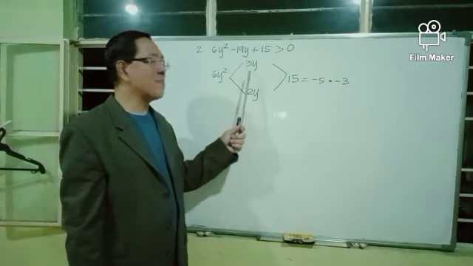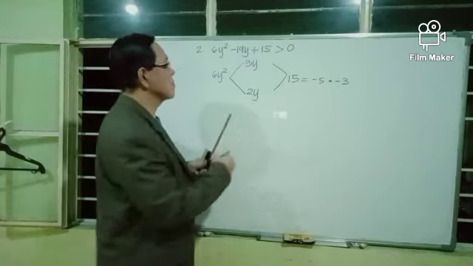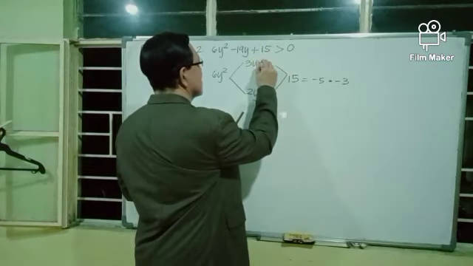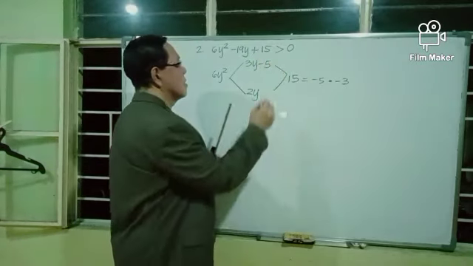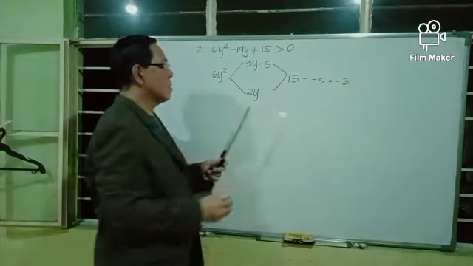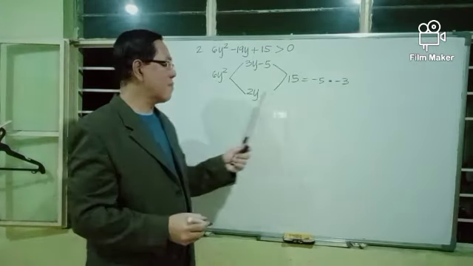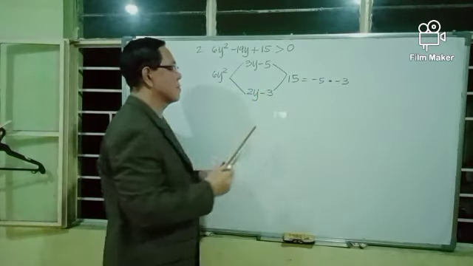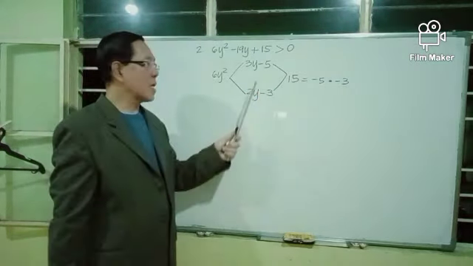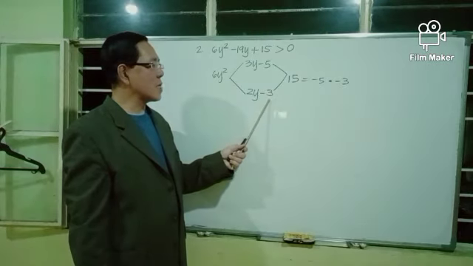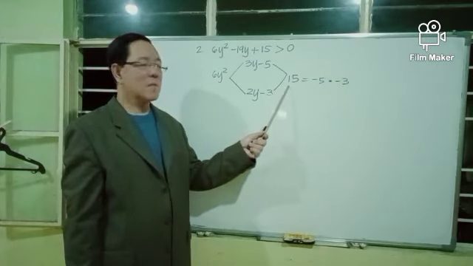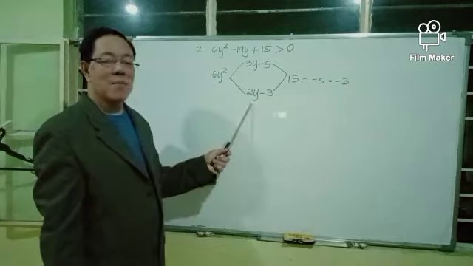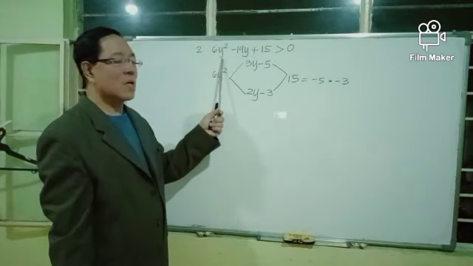We write 3y minus 5. And the other factor we subtract from 2y. We check negative 5 multiplied by negative 3 is positive 15. 3y multiplied by 2y is 6y squared.